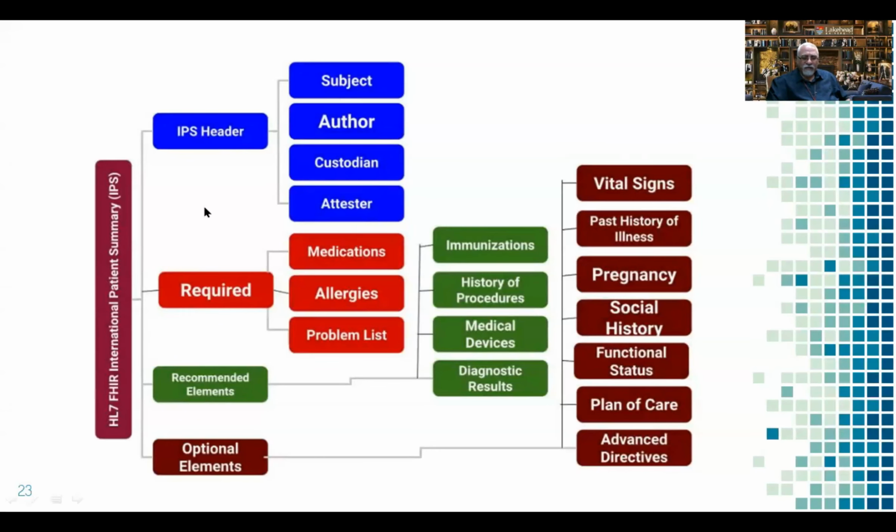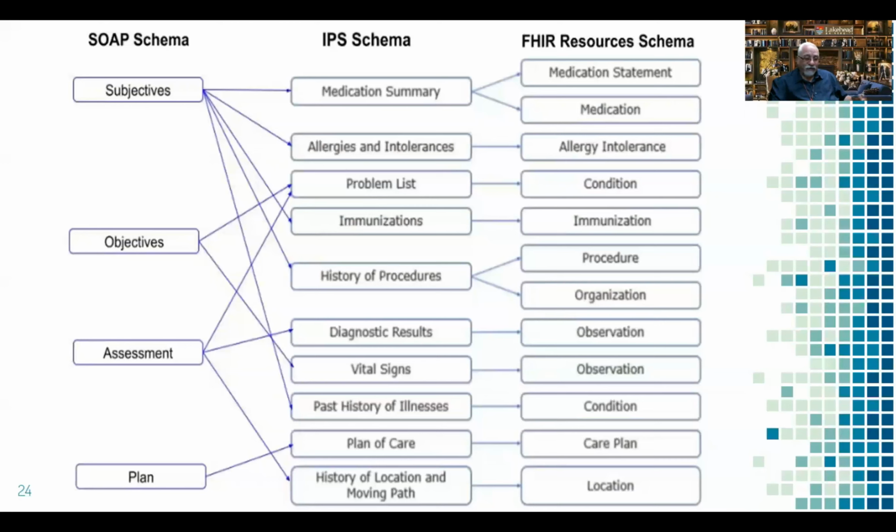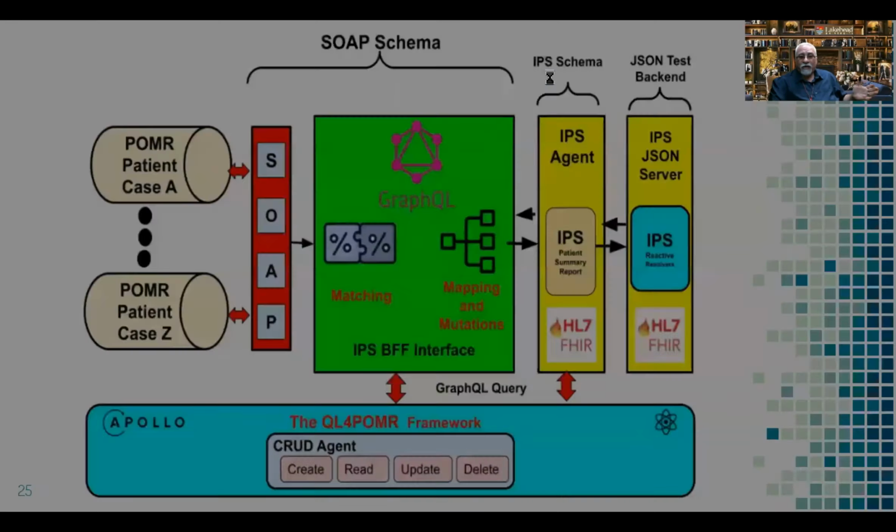Look, this is the schema of the IPS, the International Patient Summary, and it shows there are required fields like medication, allergies, and problem list, but there are things that can come as recommended or optional. So that's a very flexible summary. You can use it for planned care or unplanned care. So what we did lately, of course, the harmonization between SOAP and IPS and the actual FHIR, it's all done.